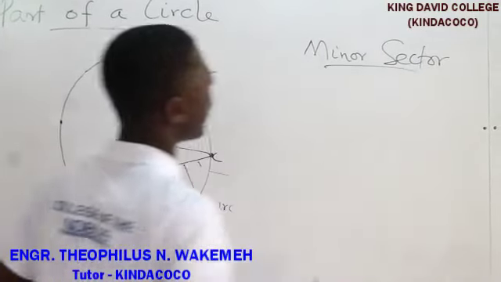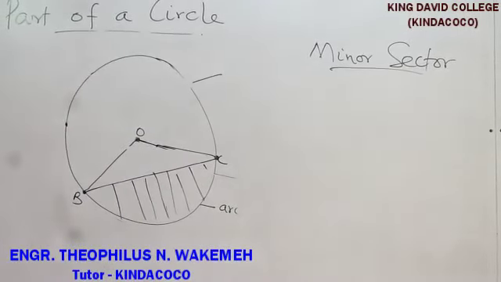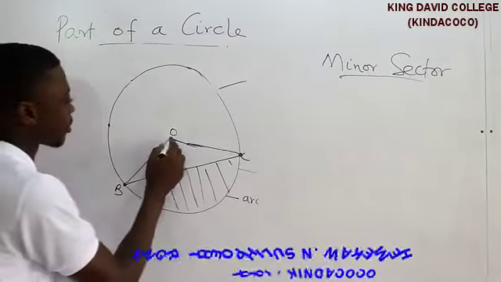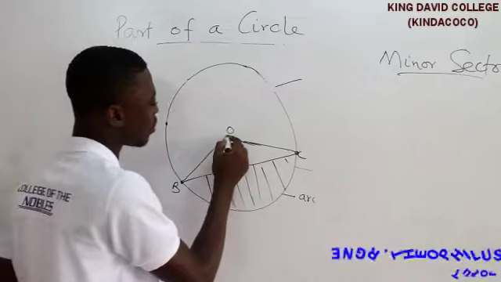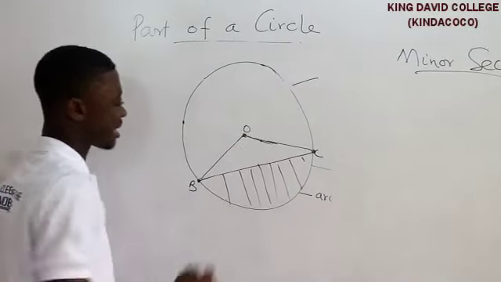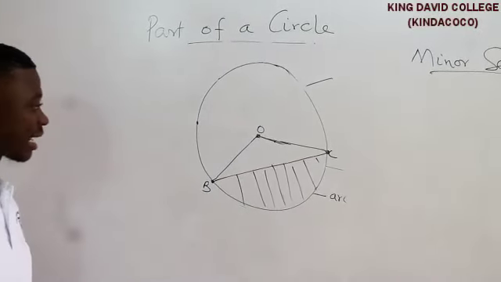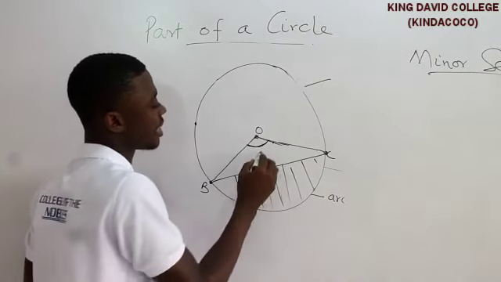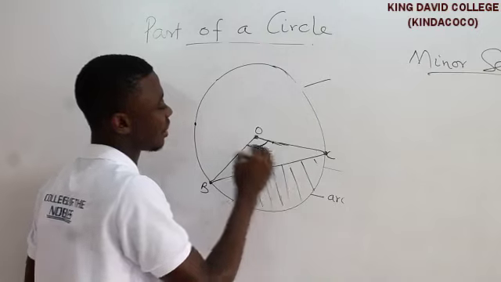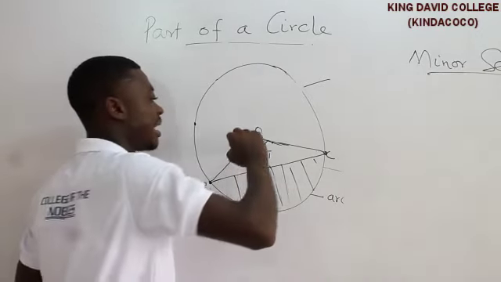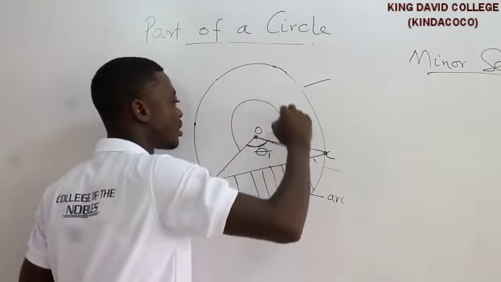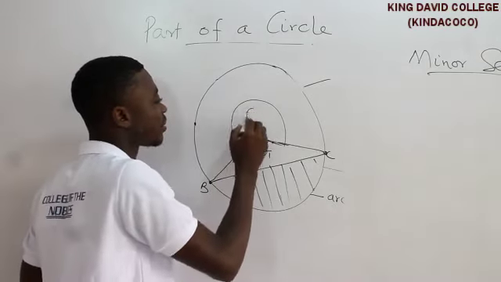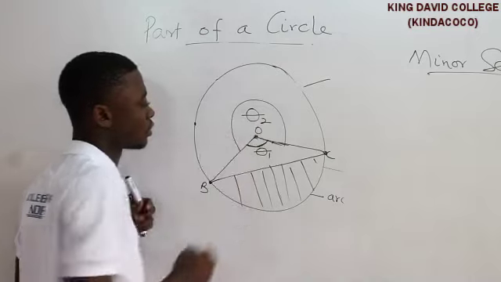This minor sector here, if I have two lines meeting at a certain angle, then we can get the angle between them. So let's call this angle theta 1. And then this one too is also a sector. So let's call this theta 2.